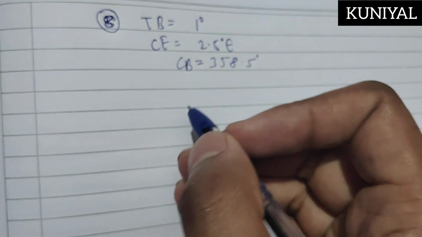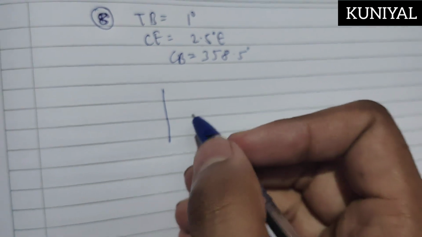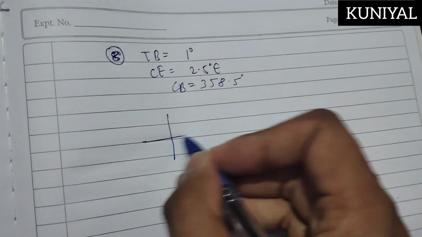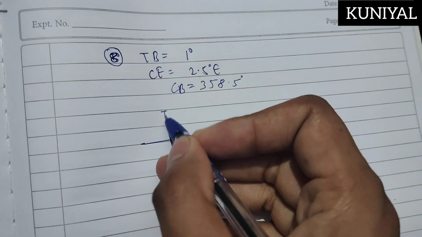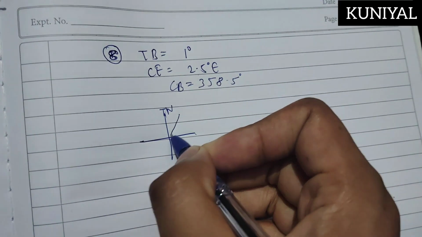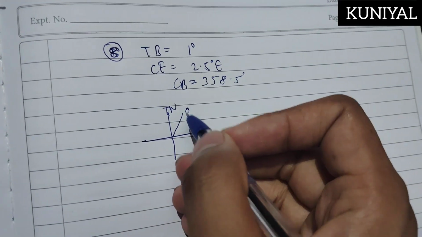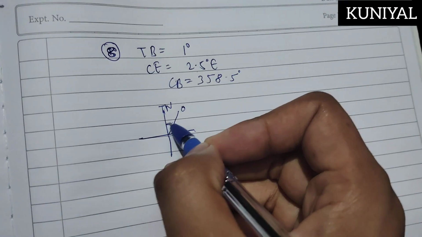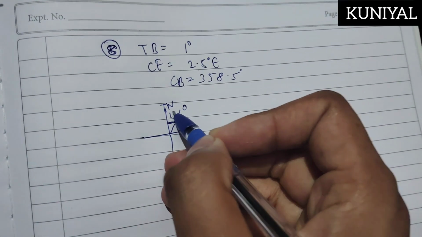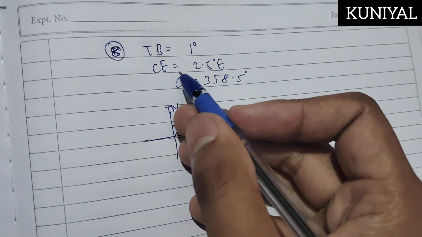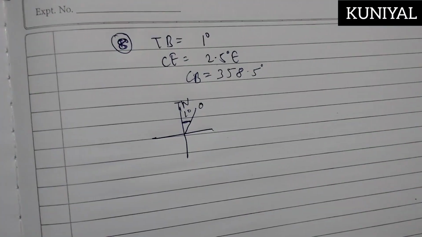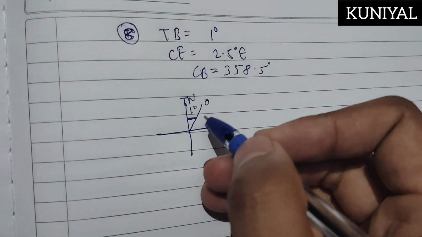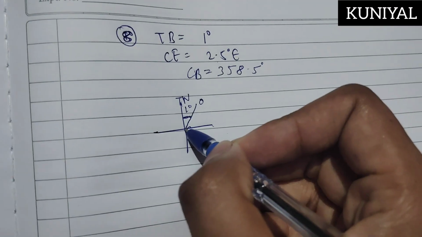So in the diagram, true north, the object is here, true bearing 1 degree, compass error is 2.5 degrees east.